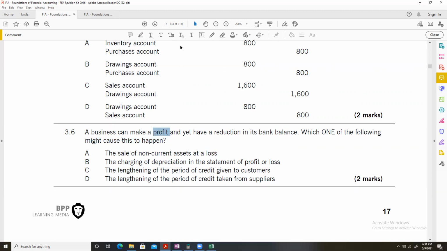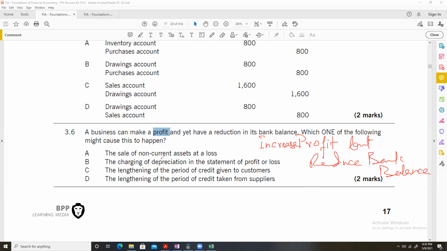In this question, the examiner actually requires you to tell which one of these four adjustments will increase profit but reduce bank balance.